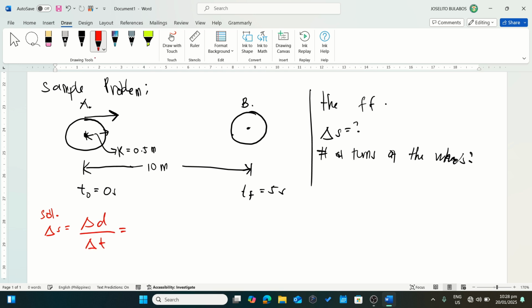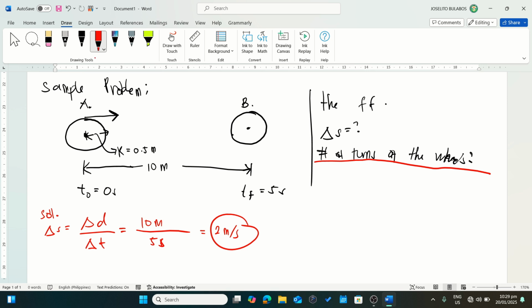The change in d is 10 meters over the change in time, 5 seconds. So the speed here is 2 meters per second. Now let us assess how many turns the wheel made.